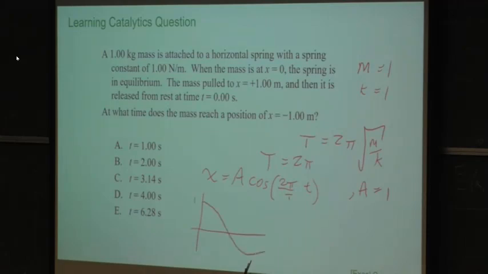This will be 1, this will be minus 1. It'll get down here at T over 2. And here's T. So T over 2 is 2 pi divided by 2, which is pi.